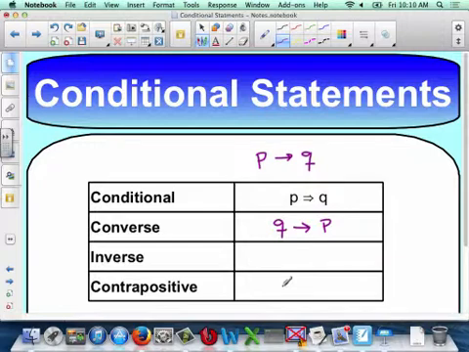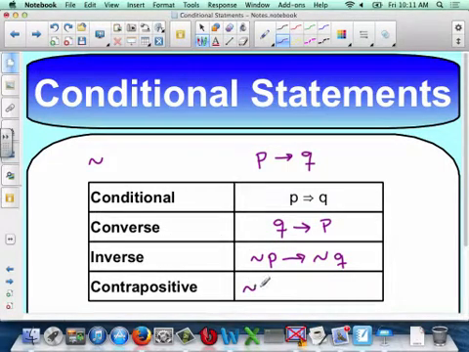The inverse is a negative. So it's negative P. The way that we write the negative is with this little symbol, which you might recognize from Spanish, the tilde. And so the way we say that is: if not P, then not Q. If not P, then not Q. And then the contrapositive is the converse of the inverse.